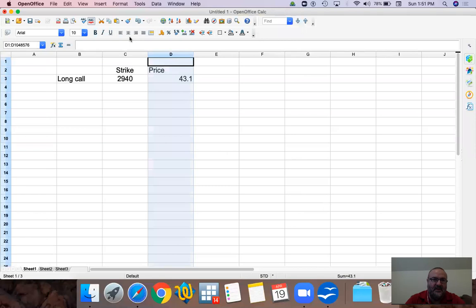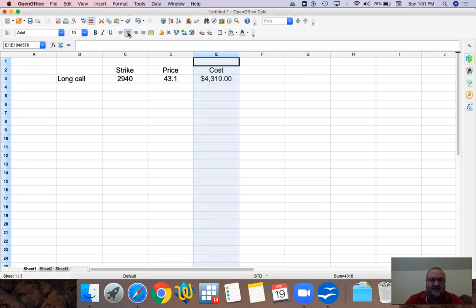Now, if we are buying one contract, then the cost will be this times 100, so $4,310. That's our cost. Now, this is too high. By the way, the maturity for this one is May 1st, 2020.